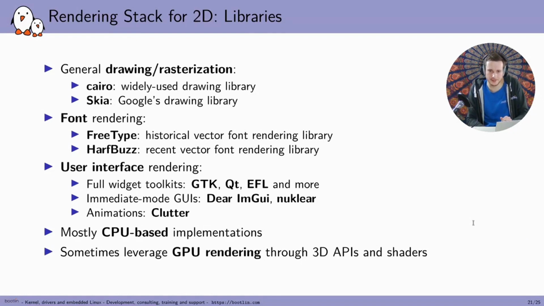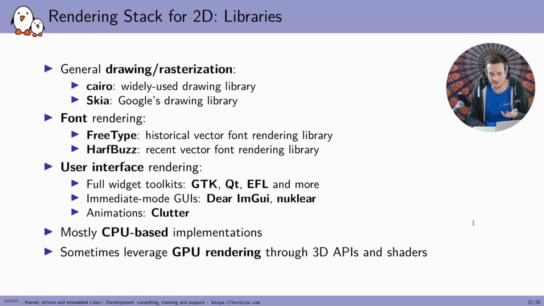Then for user interfaces, there are also different libraries that exist that can be used. So the first type are really the big and kind of complex retained mode drawing interface toolkits. So that's, for example, GTK or Qt or EFL. So these have lots of functionalities, lots of widgets that you can use.